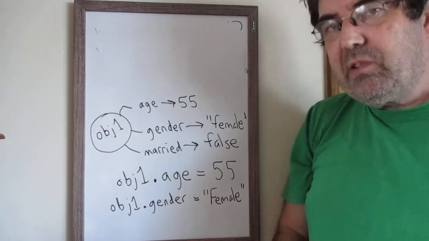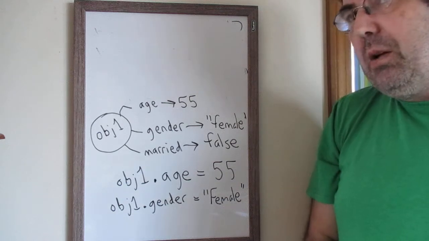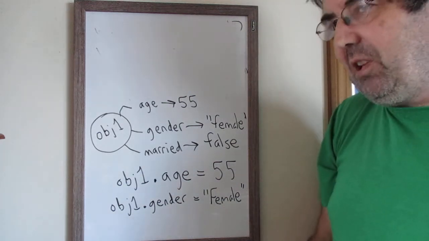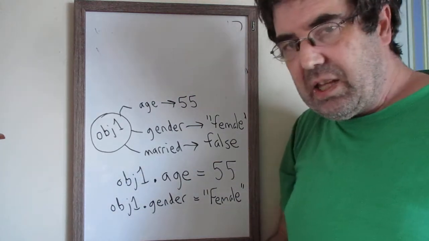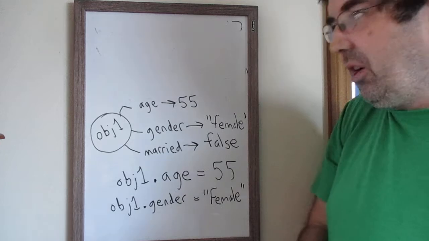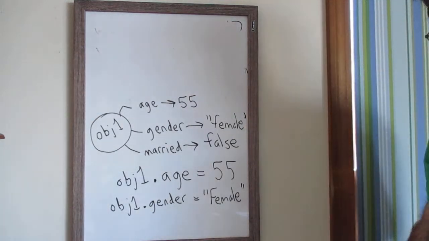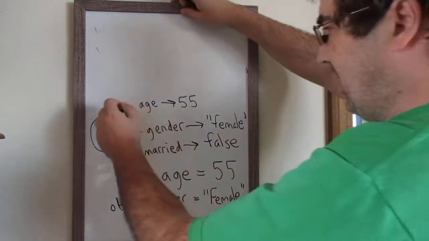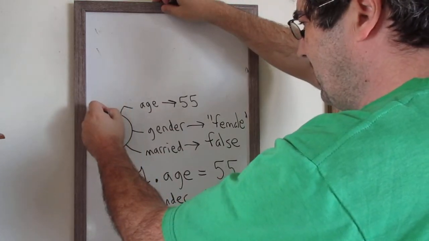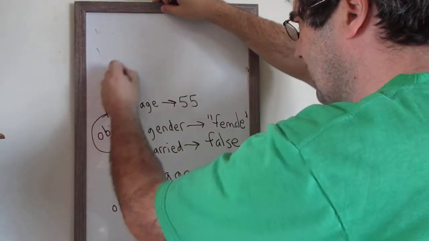Now, in JavaScript, an object is a hash, but it has many other characteristics that make it more sophisticated than a hash. I cannot explain all of it, but one I do want to say is each JavaScript object inside it has a little pointer, and that pointer points to another JavaScript object.